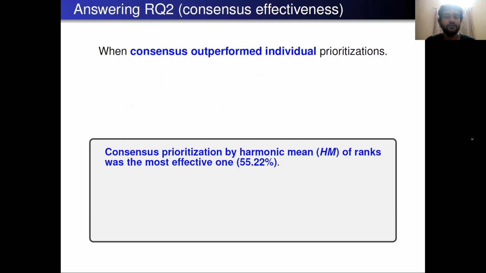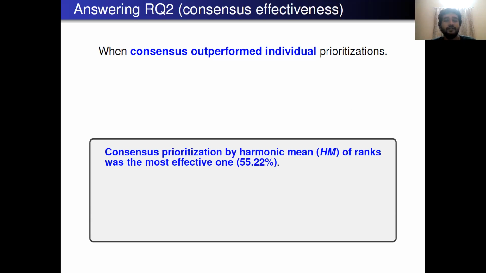Answering RQ2, we found that consensus outperformed individual prioritizations, and consensus prioritization by harmonic mean of ranks was the most effective one. This 55.22% was the number of occasions when the consensus outperformed the individual participating heuristics. There were 260 occasions total, because there were 20 benchmarks and 13 individual heuristics.